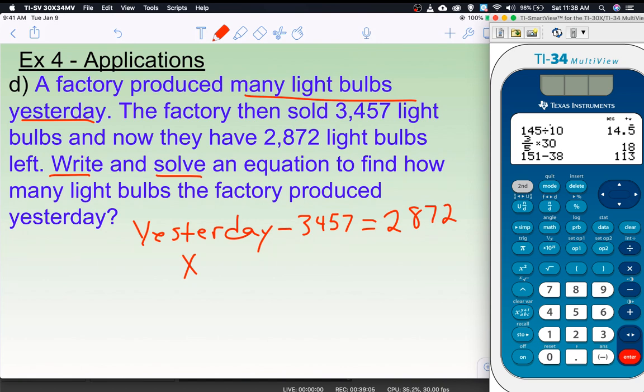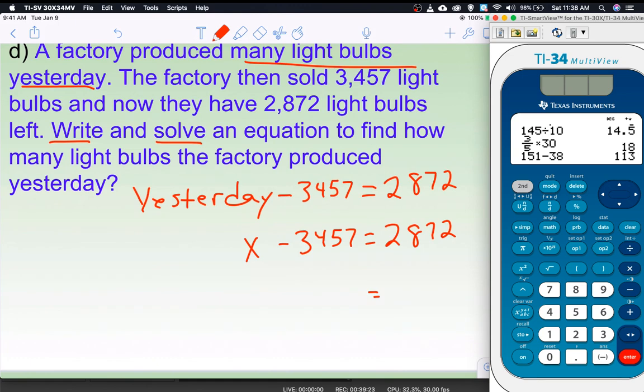Write and solve an equation. Well, through this process of talking through it, we've actually done most of that. If I take the equation, X minus 3,457 equals 2,872, there's my equation. And to solve the equation, I'm going to get the variable by itself by getting rid of this minus 3,457.